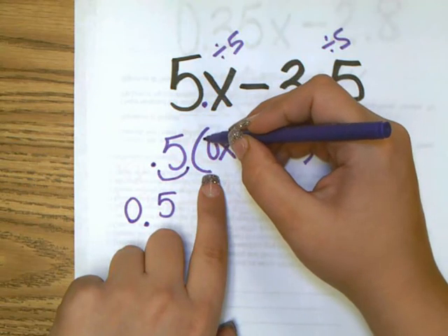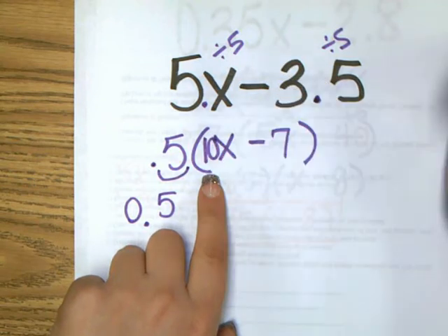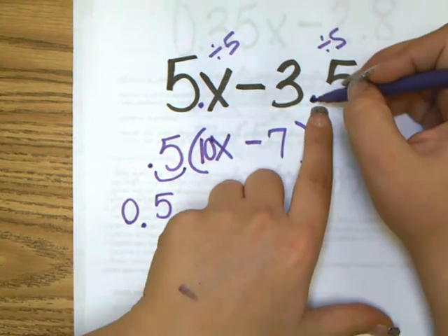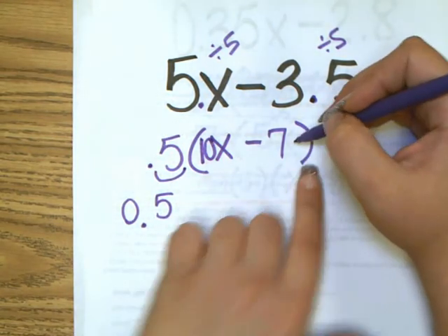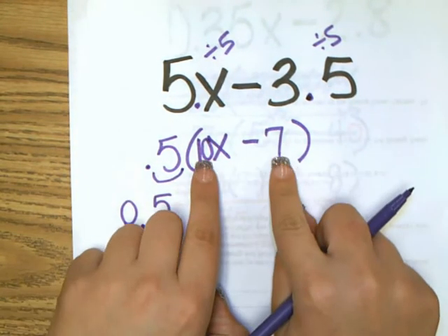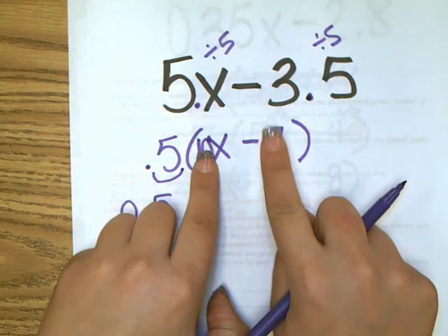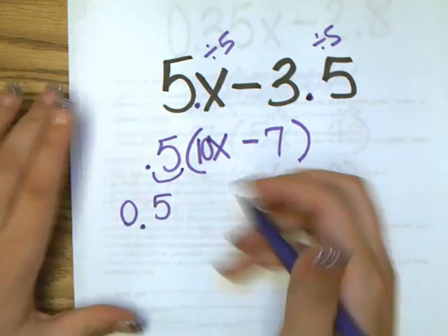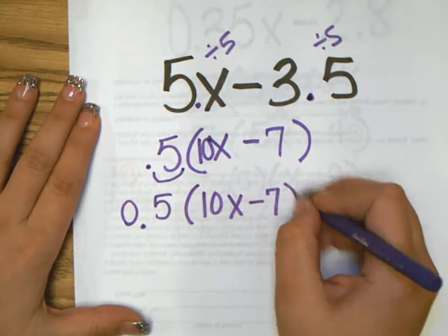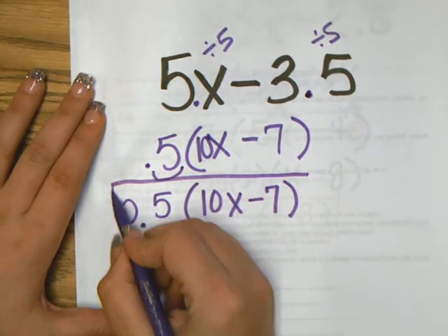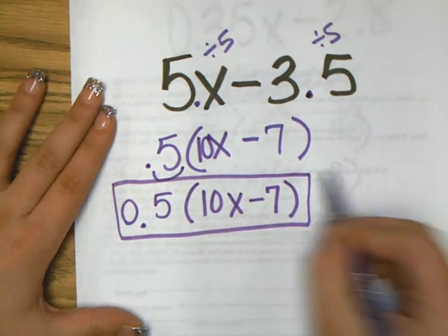No. So I need to add a 0 here. Now that's not 0x, because remember the number that was in front of x was 1. So if I add a 0 to 1, it's 10. And then over here, does this have one number after the decimal? Yes. So we're good. Then we ask ourselves, is there any number that can go into 10 and 7? No, so we are done.